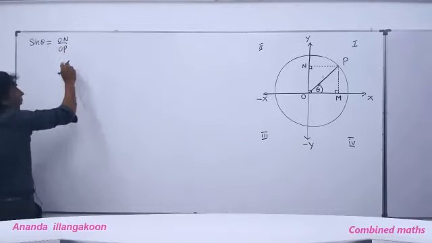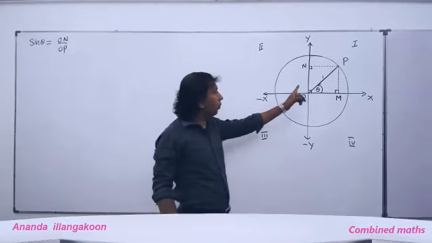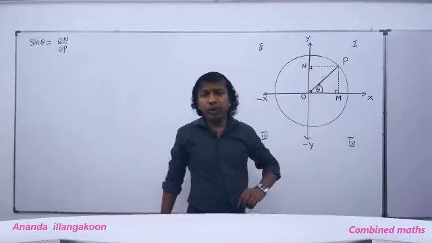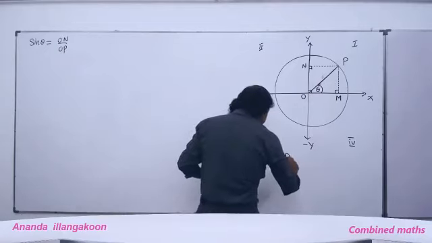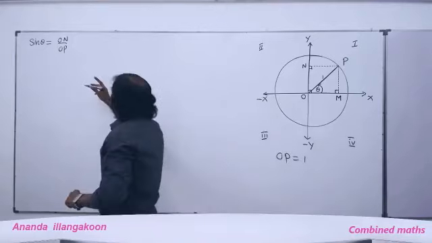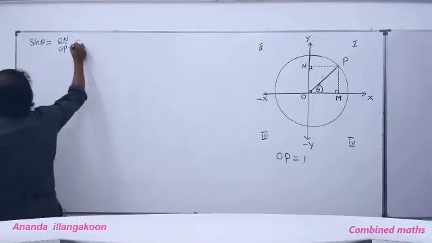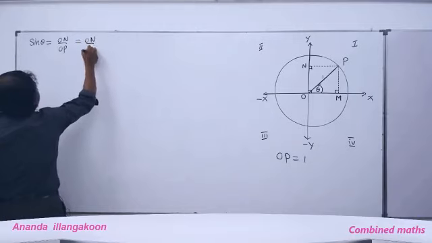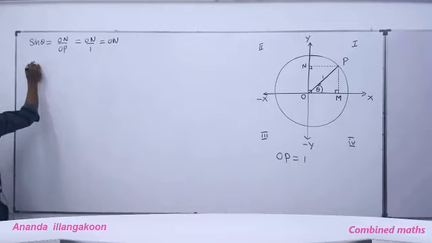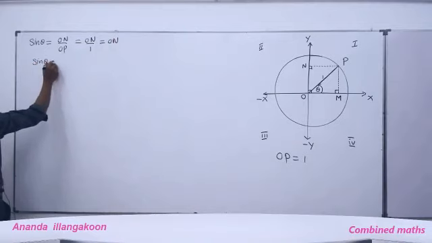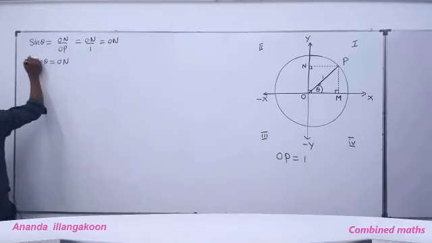But what is this OP? It is the radius, no? Our radius is 1, no? Then OP is 1, right? When OP is 1, what do you get? ON divided by 1. It is ON. Therefore, sine theta is equal to ON.